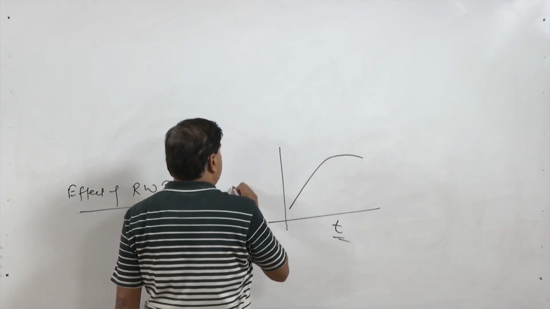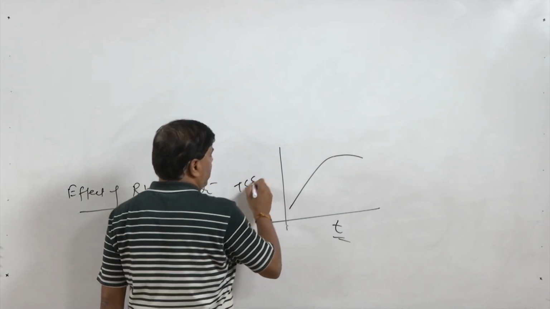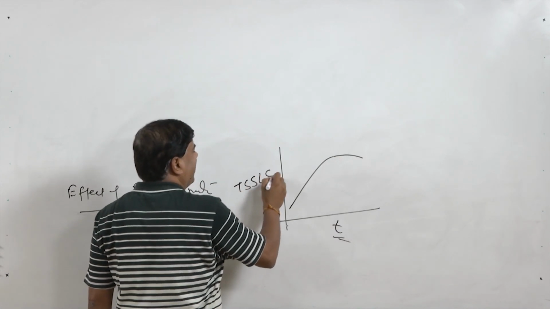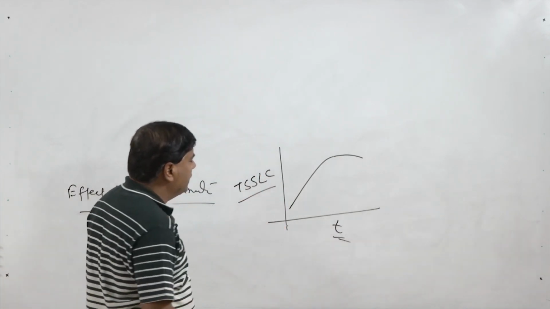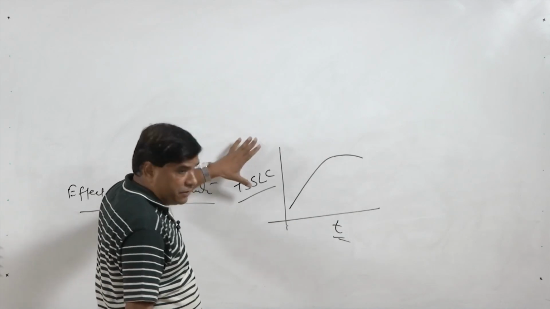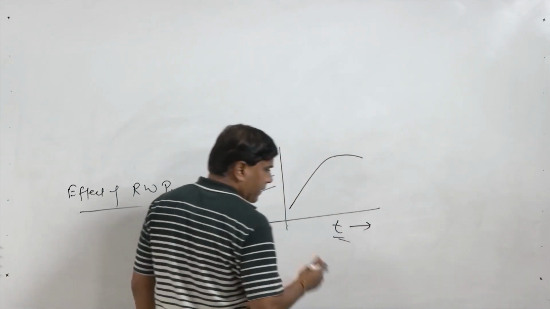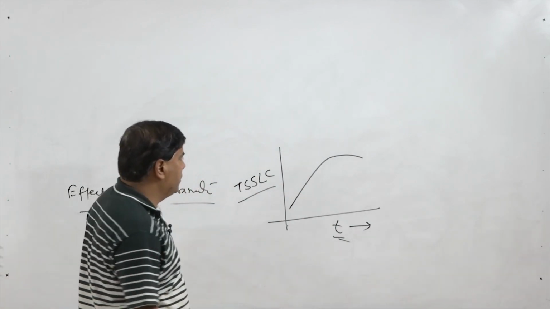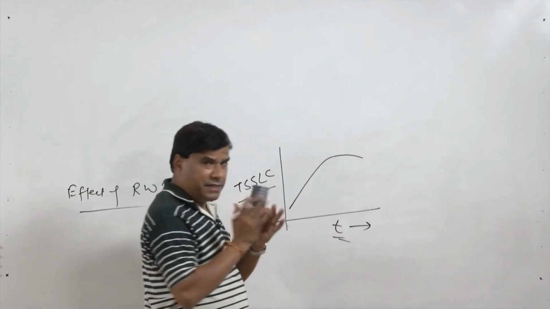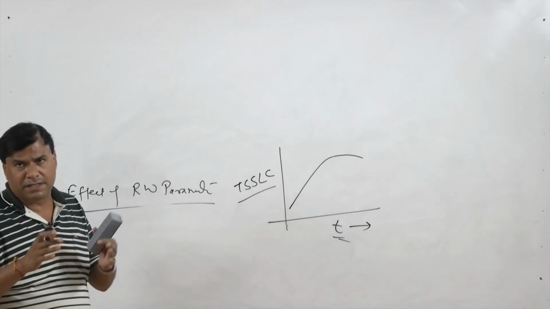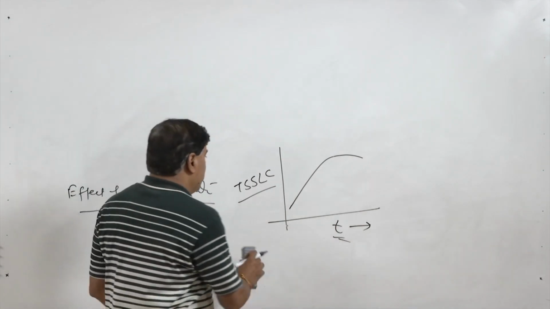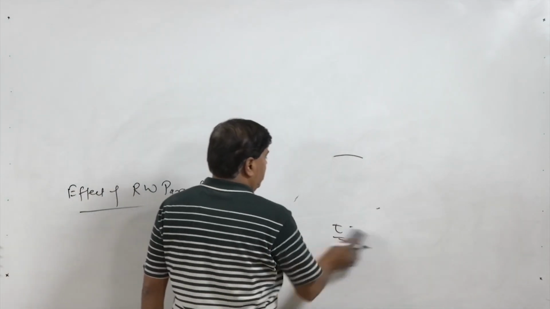So the load carrying capacity of the joint increases linearly with the increase in the time for which current flows. Basically, increase in time increases the heat generation, increases the nugget size, and thereby increases the load carrying capacity of the nuggets.